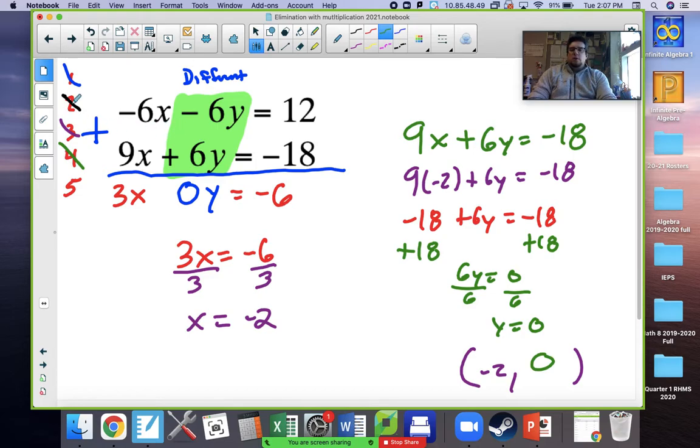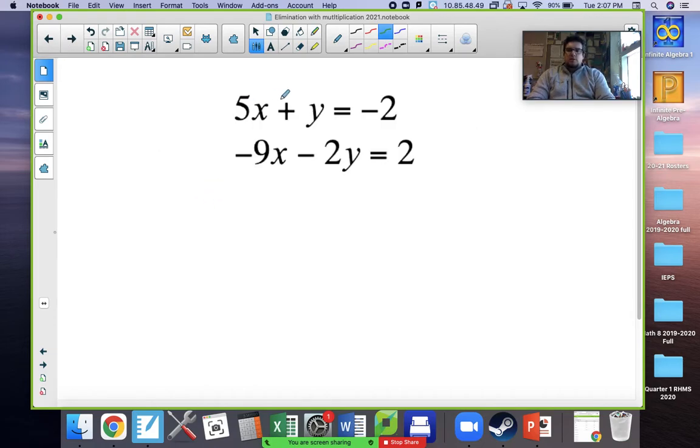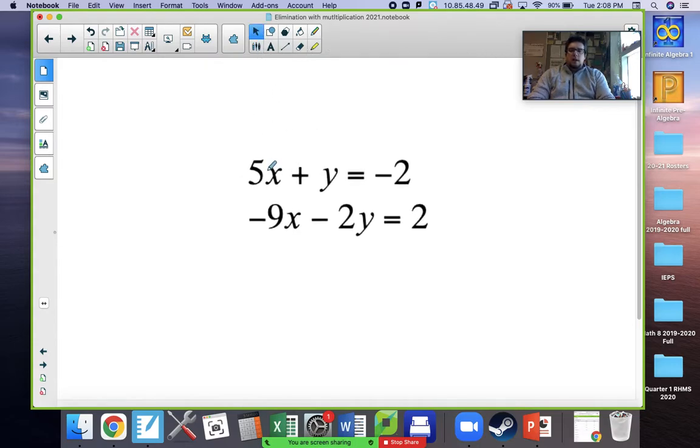The addition that we're going to do today is what happens if we don't have equal coefficients. So take this problem for example. Everything's lined up, but we don't have equal coefficients. We're going to make either the x's or the y's say the same number.